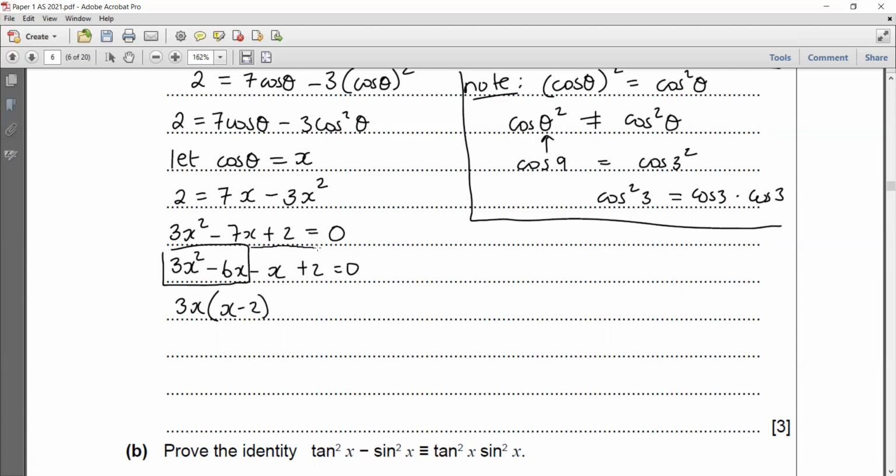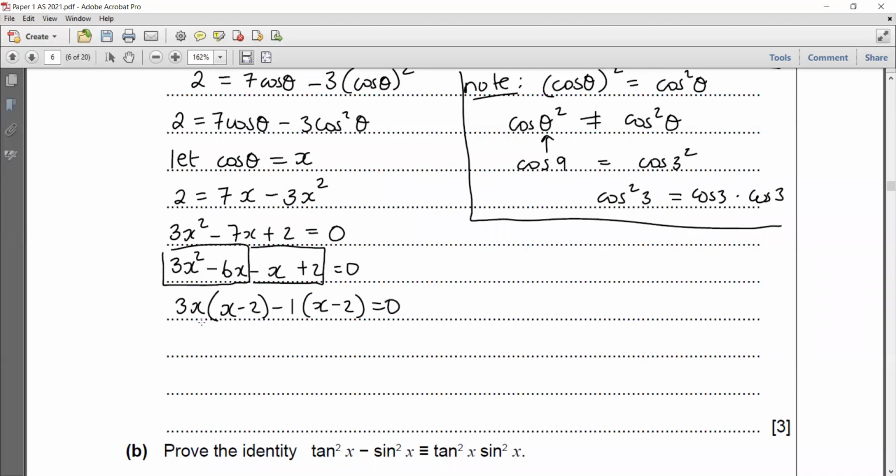And then I look at the last two terms, I'm going to take out -1. The reason why I take out -1 is because I want the bracket that I end up with here to be exactly the same as that one. So I take out -1. So I say negative x divided by -1 is positive x. And then 2 divided by -1 is -2.